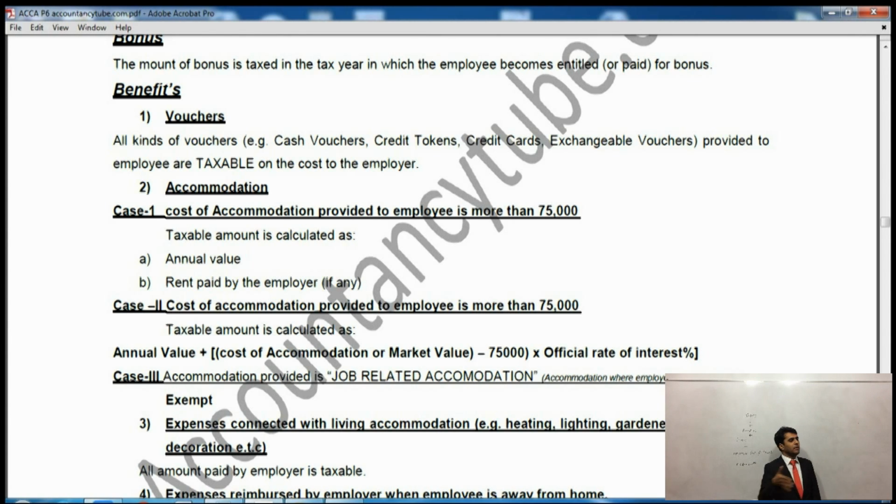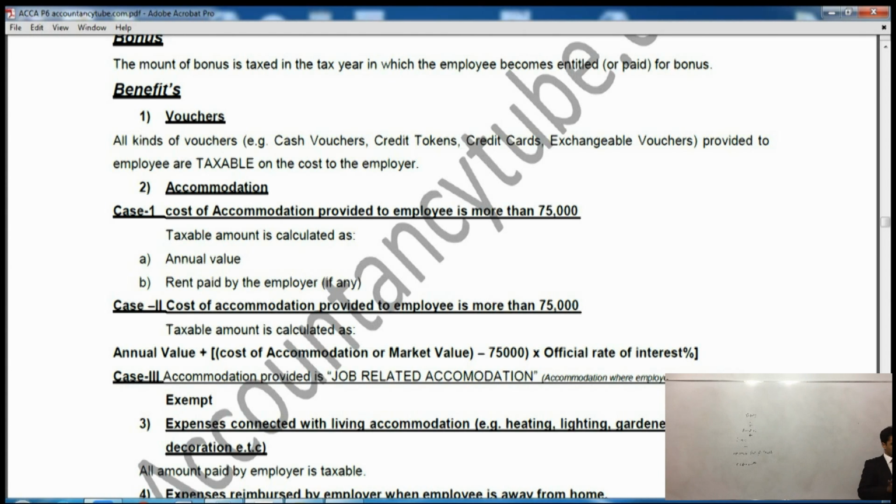Say for example, if a company is paying some amount to the building where the security guard is living, whatever the rent the employer is paying, it is an exempt benefit as far as the employee, the security guard, is concerned. All right. So whatever the employer is giving in the form of rent, it will be an exempt benefit if the accommodation is job related. All right.